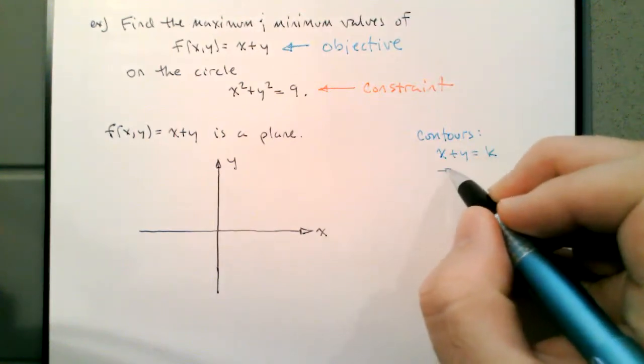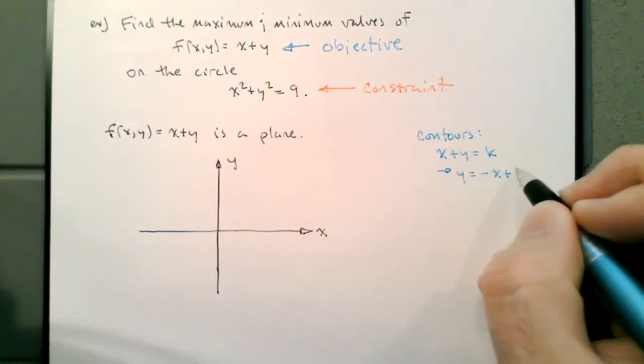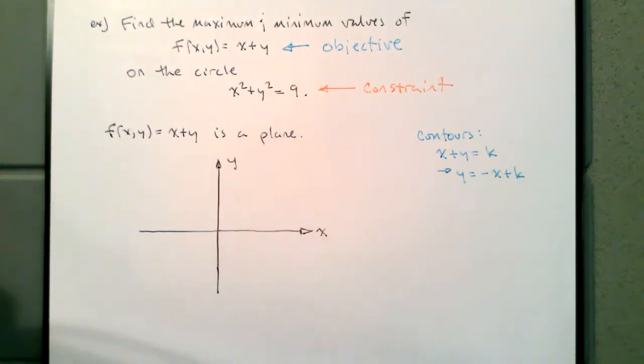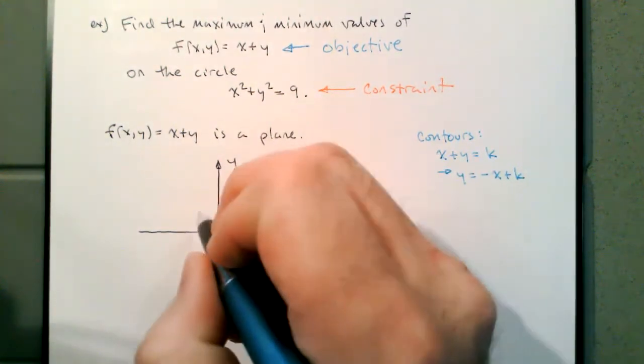So we can write them as y is equal to negative x plus k. So it's just going to be a bunch of lines with a slope of negative 1. So I'm just going to draw all the contours with slope negative 1.